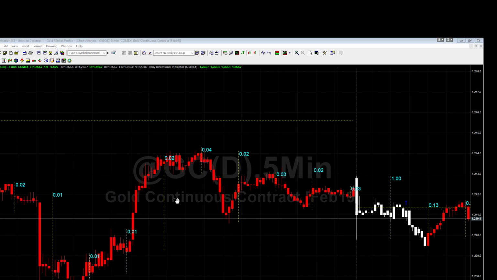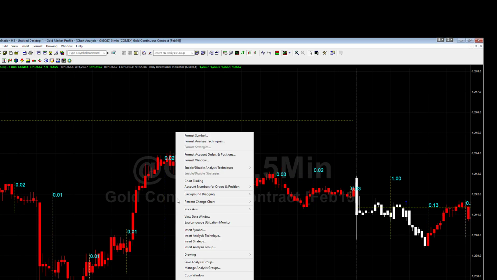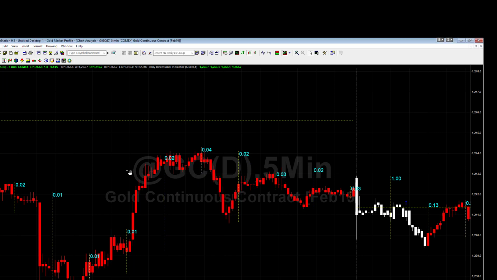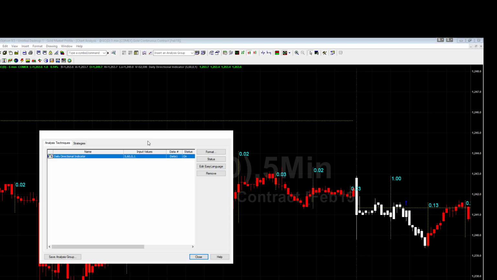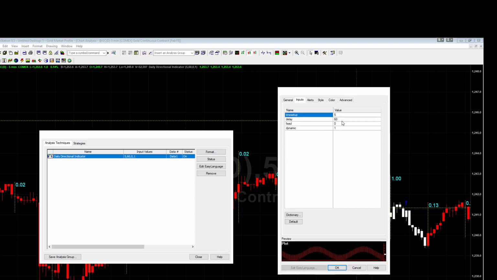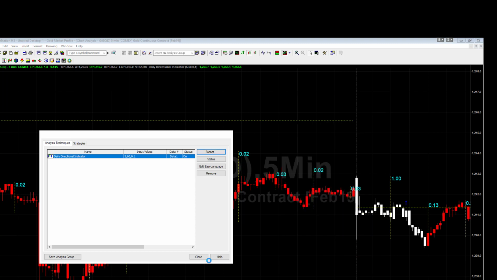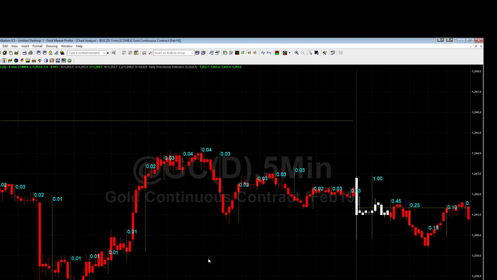And what we'll do now is we'll just change this to a 30-minute chart, a 30-minute time slot. So if we go 30 minutes, this should give us a little bit more dynamic price action as well. There we go.